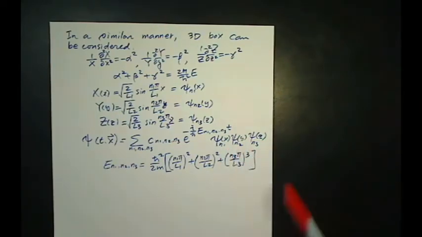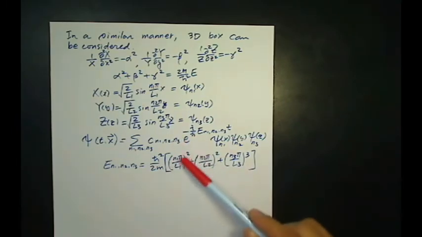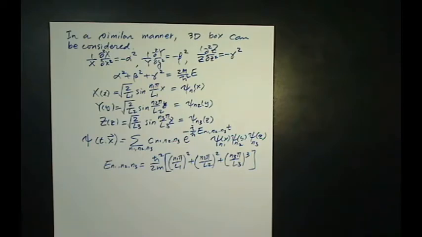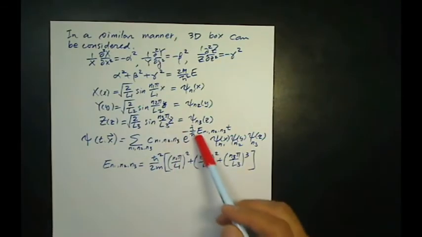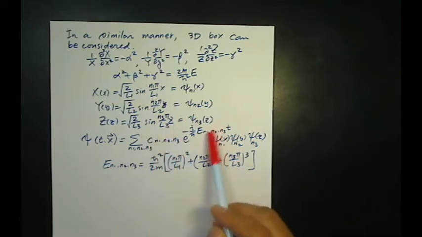This is the product of eigenfunctions, and the energy eigenvalue is completely determined as h bar squared over 2m times this piece. The normal coordinate in this case will be this one. Okay.